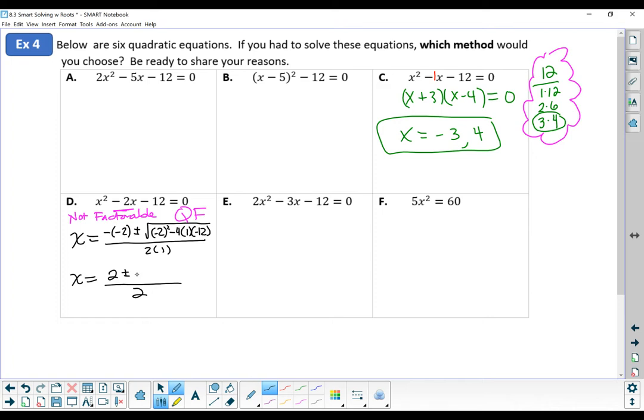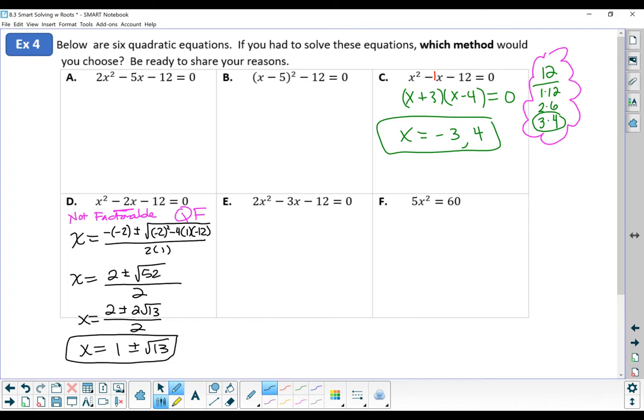That is 52. Square root of 52 does simplify. In your calculator, you'll simplify that as 2 root 13. And so we can even reduce the fraction: 1 plus or minus root 13. So we had to use the quadratic formula in that case because it was not factorable.